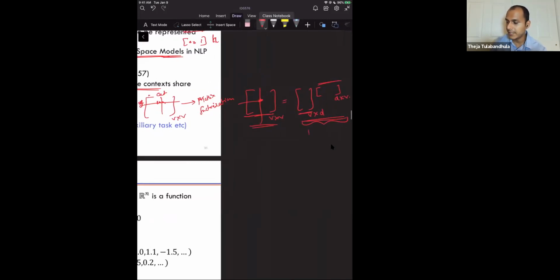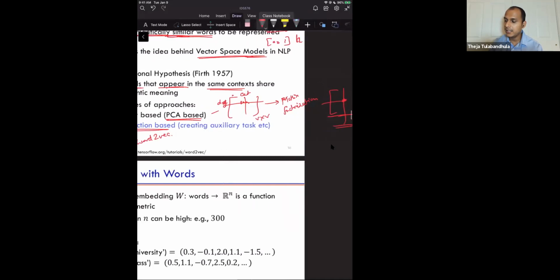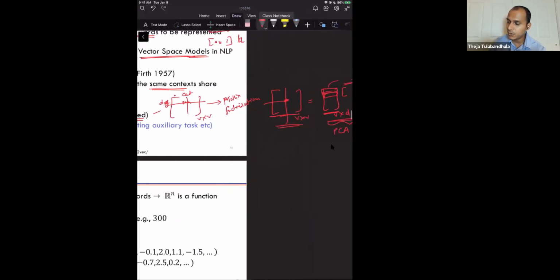PCA can also help you get these two matrices. Once you get these two matrices, essentially for each word you have a d-dimensional vector. That way you get an embedding of a word, and that embedding is such that two words which have high co-occurrence will have similar vectors.